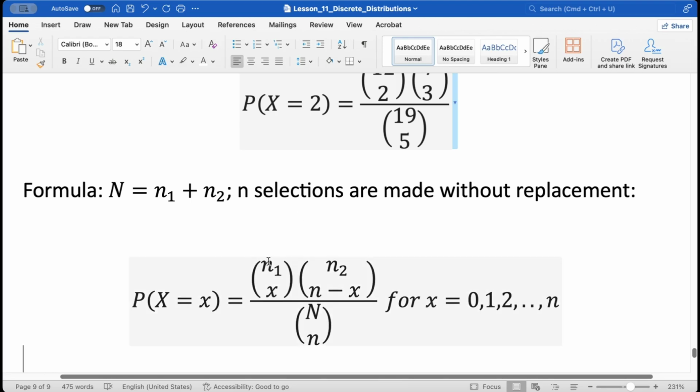So out of the N1, we want to choose X, and then out of N2, we're going to get the remaining amount, n minus X. And then the denominator is the total number of ways to select little n from capital N. That's capital N choose little n. And so this is the formula for hypergeometric. So these are combinations. N1 choose X times N2 choose n minus X over capital N choose little n.